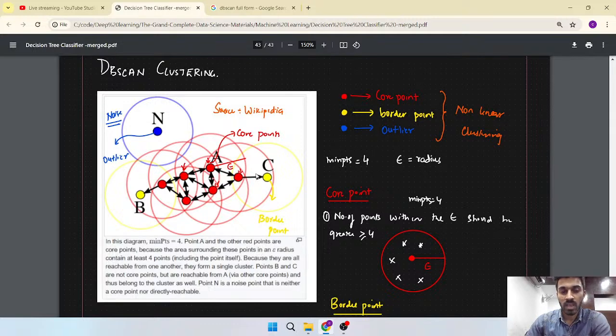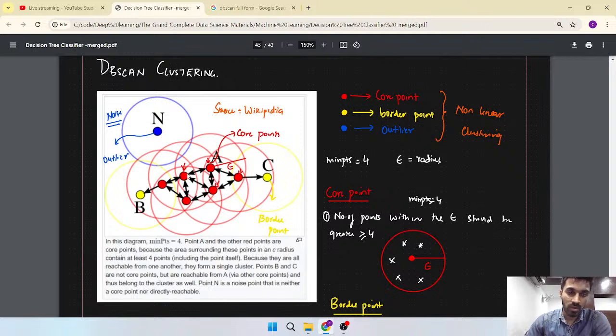So this is again a border point, but not a core point, because for a core point you need a number of points greater than min point. Suppose you create a circle according to this point, again you get 3 points.